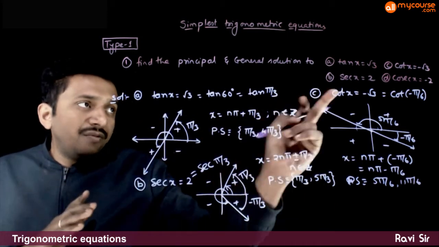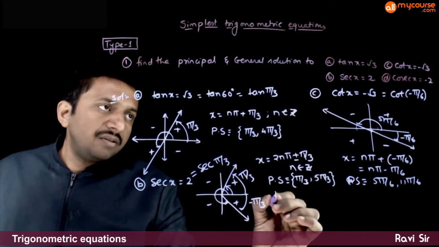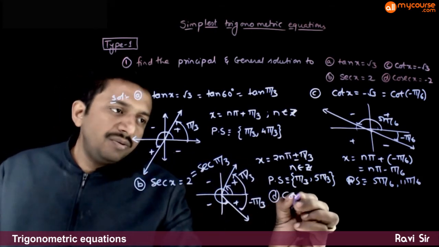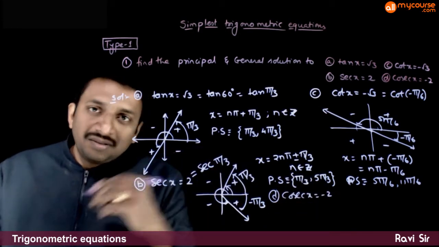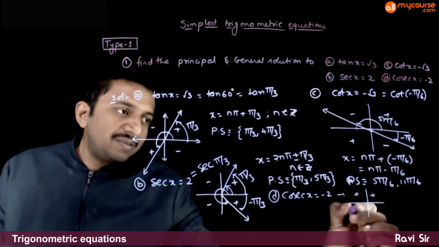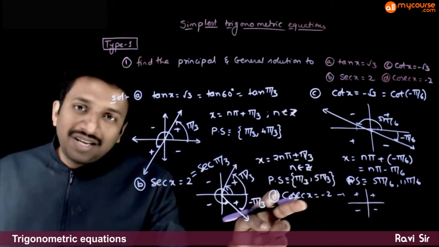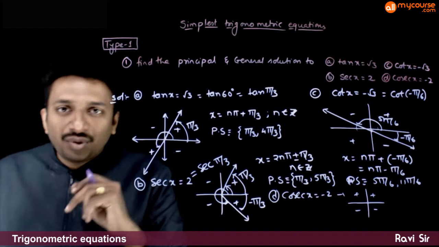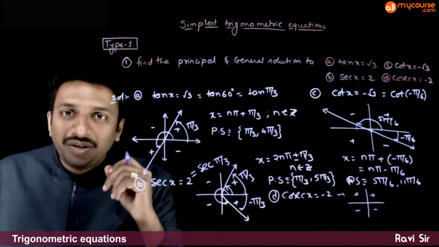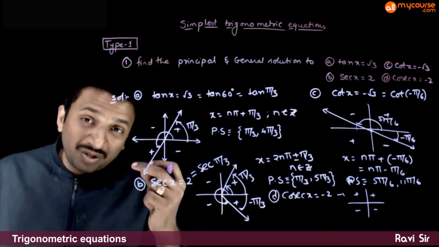So now let us go for our fourth question. The fourth question is cosecant x is equal to minus 2. Right? So the quadrant diagram for cosecant looks like plus, plus, minus, minus. So cosecant is minus, so I'll get some angle in the fourth quadrant. So cosecant x is equal to minus 2 implies sine is minus 1 by 2. So 1 by 2 corresponds to 30 degrees.